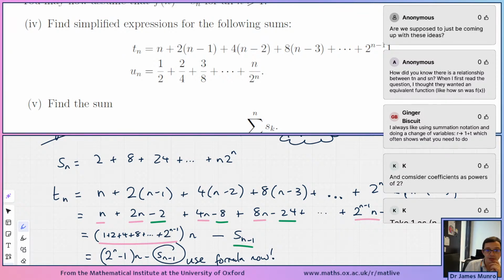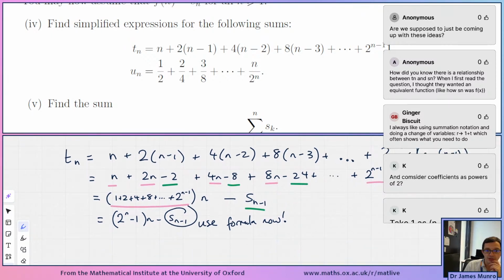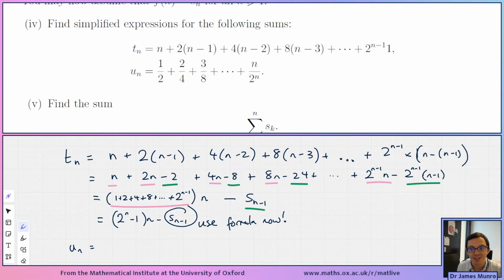Un is an example of definitely using the previous part. So Un, I think you can recognise what this has got to do with previous parts of the question. So in this case it's 1, 2, 3, and then the n is divided by 2 to the n. So at this point, if I'm honest, left to my own devices, without the help of chat, I would probably try something like, well, this looks like halving instead of doubling.